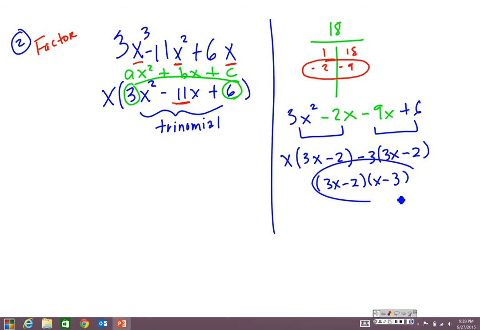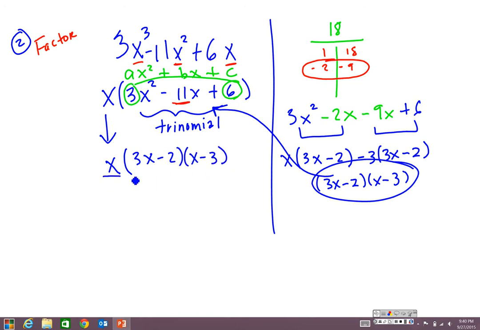But of course, this is only for that trinomial. So we need that x as well, because our x was our original GCF. We also have to include that with our factors. Alright, so x times 3x minus 2 times x minus 3.